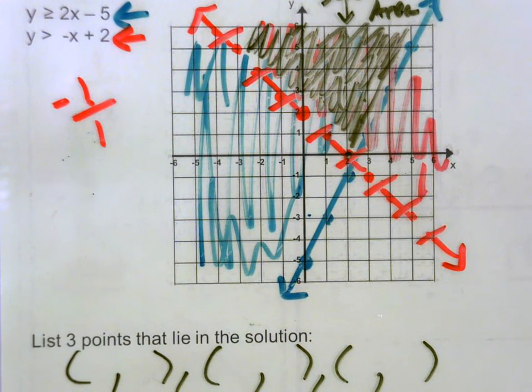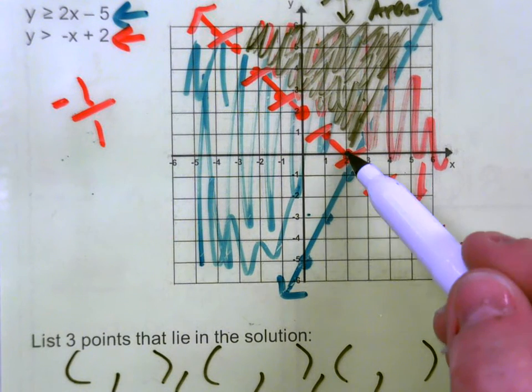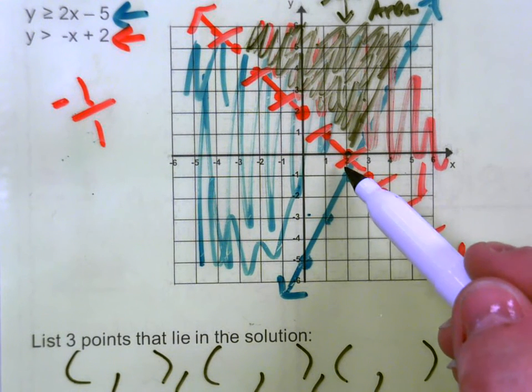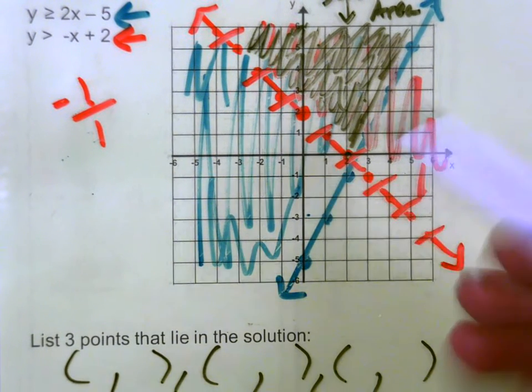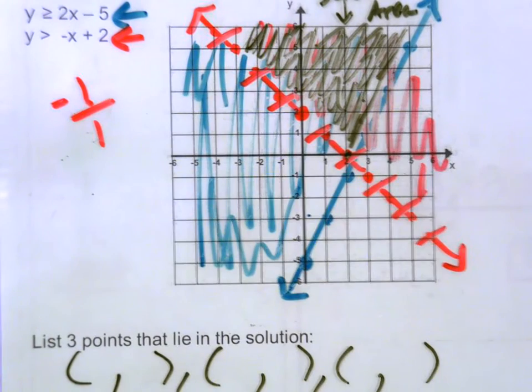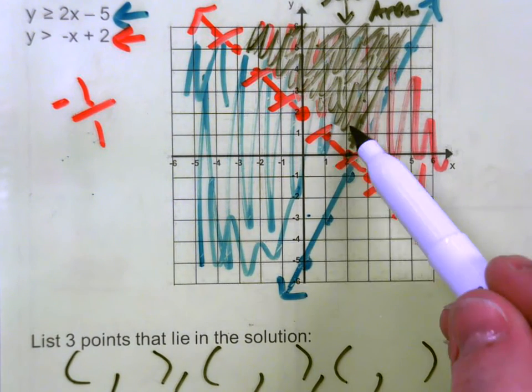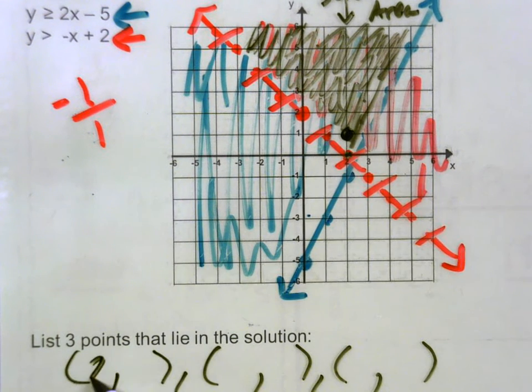It actually won't work because it's on the dotted line, so that does not work. But we can do 2, 1, right? So 2, 1 would work.